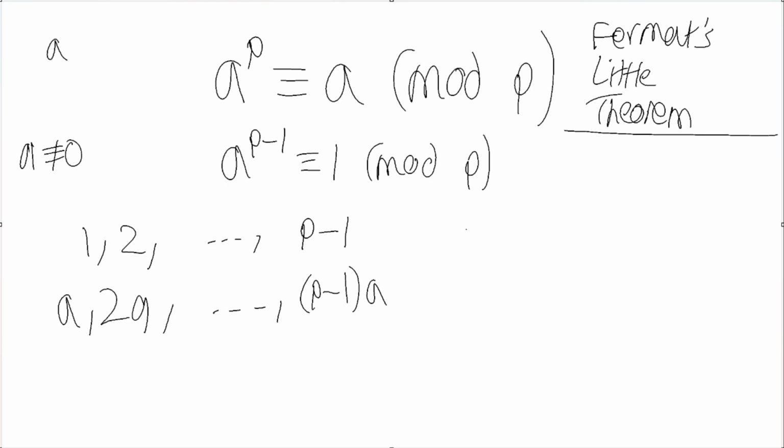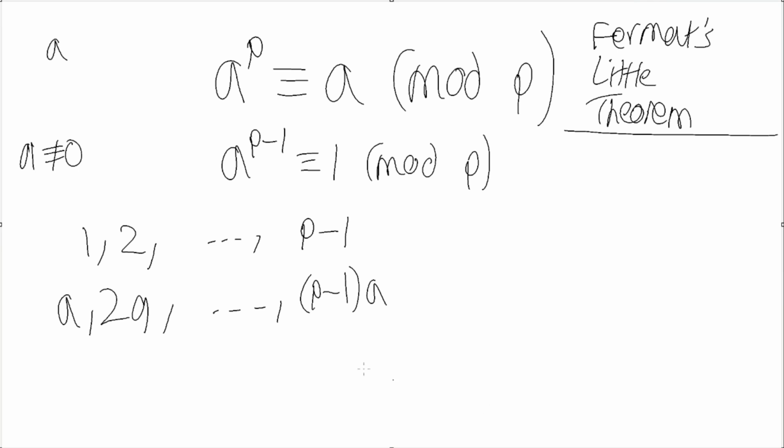But when we're working modulo p, something interesting might happen. We'd expect something interesting to happen because we can definitely reduce a lot of these modulo p. So what happens if we work modulo p?